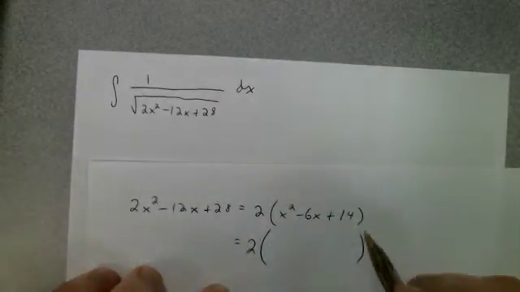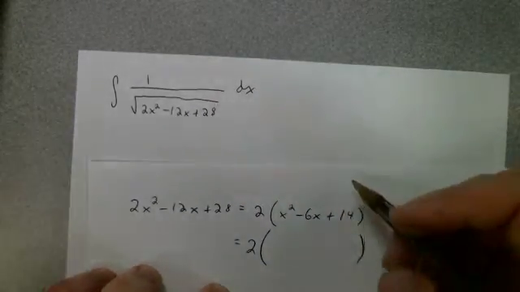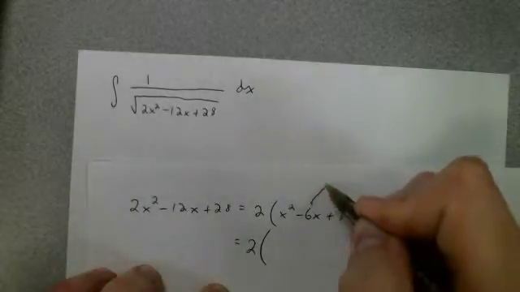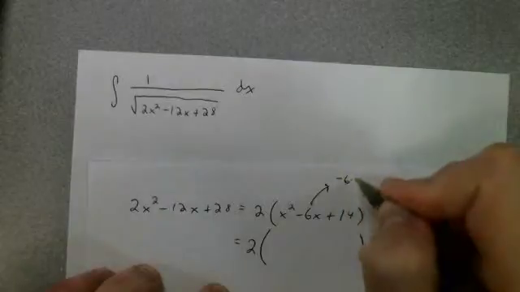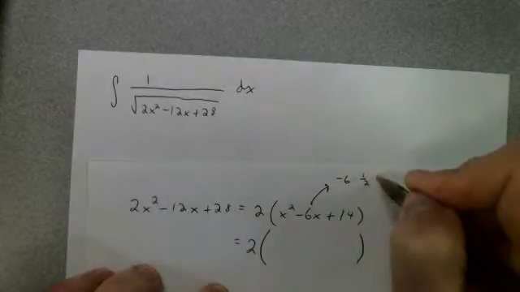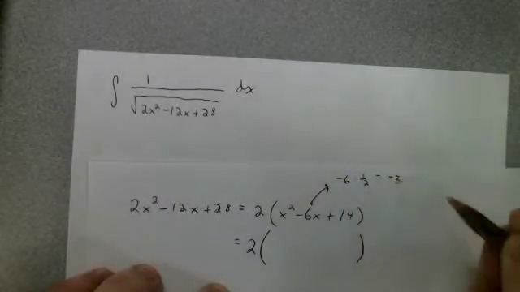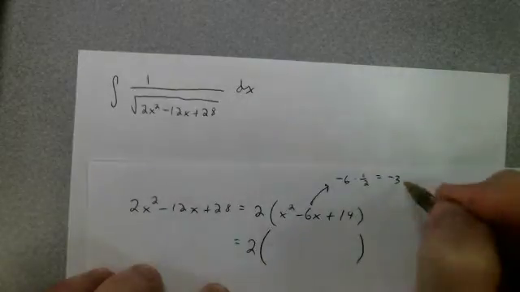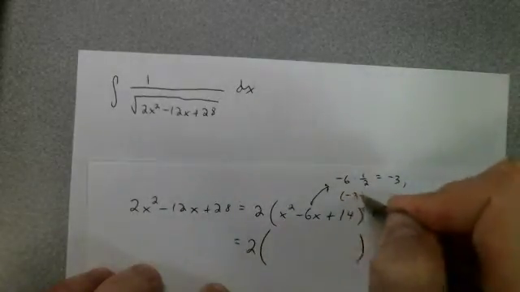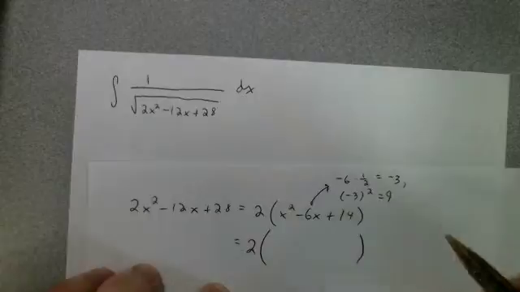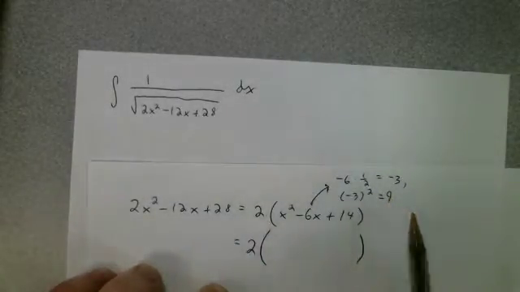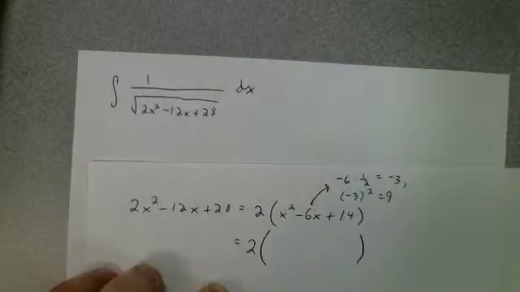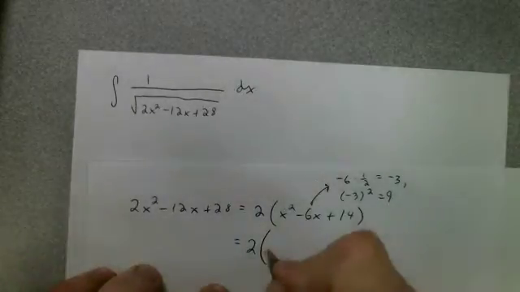The process is I take half of that number: half of negative 6 is negative 3. Then I square it: negative 3 squared is 9. So 9 is the magic number that I'll be adding and subtracting to help me complete the square.